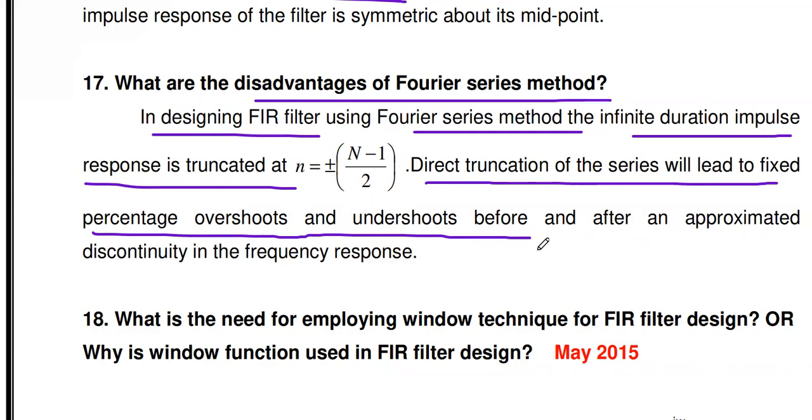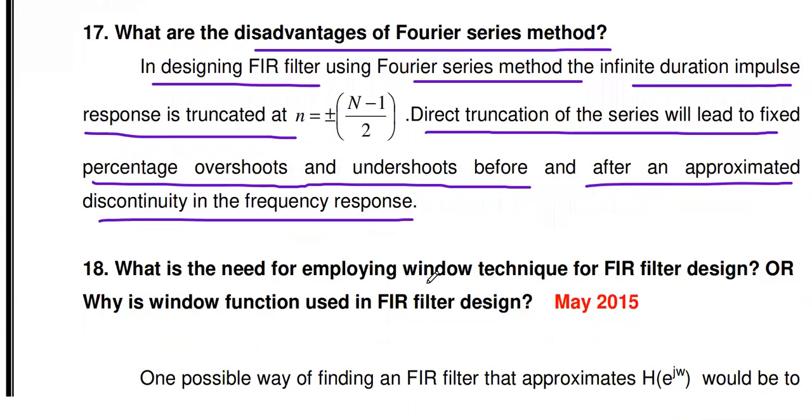The abrupt truncation of the series will lead to fixed overshoots and undershoots before and after an approximated discontinuity in the frequency response. It is called the Gibbs phenomenon. That is the disadvantage of the Fourier series method. So in order to overcome this disadvantage, we are moving to the next method, called the windowing technique.